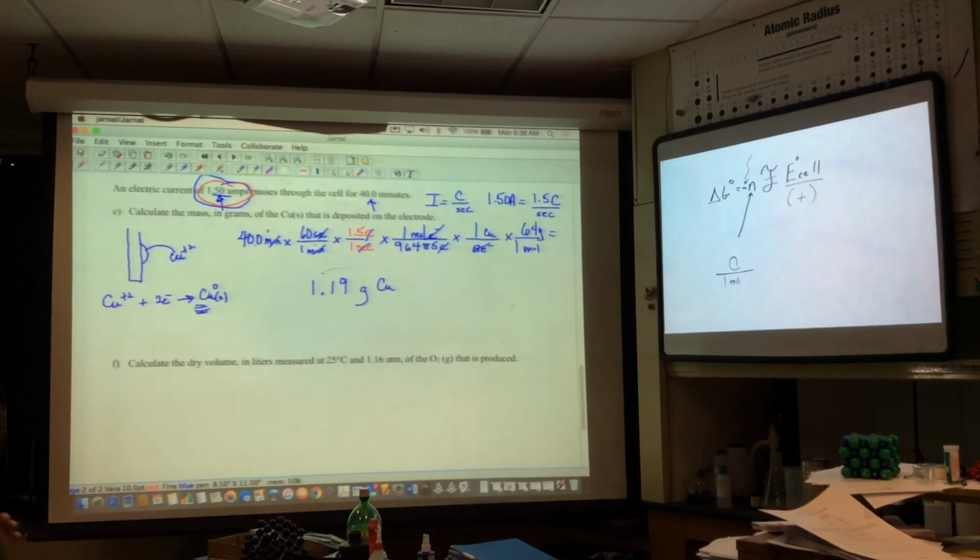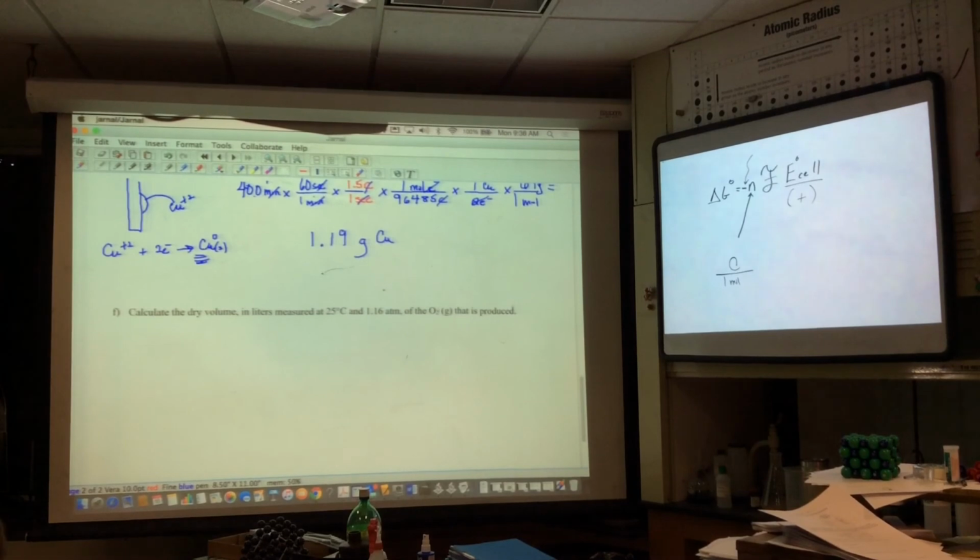Okay. All right, look at F. Redox question? What's F? I have temperature. How much O2 would I make?